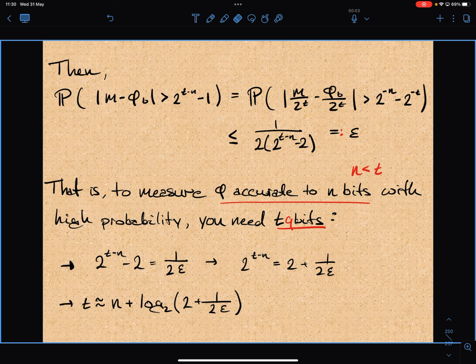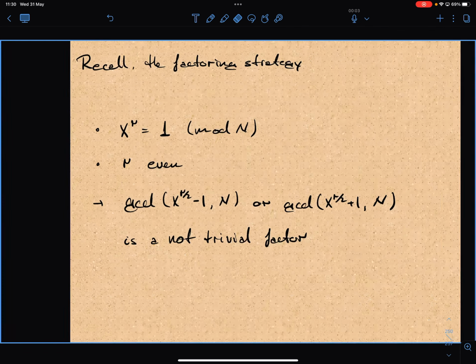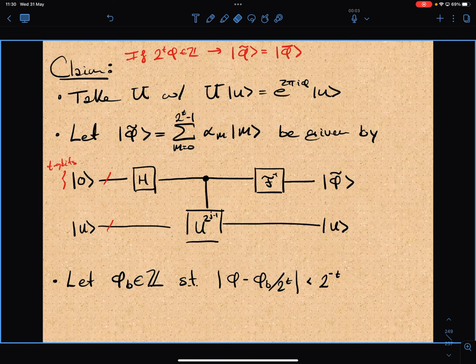So what this is saying is that if we use the same quantum circuit as we did for the terminating case, then it's not going to give us a perfect answer, 100% accurate, but it's going to give us an answer that's close enough that we can control. We can control how close it is.